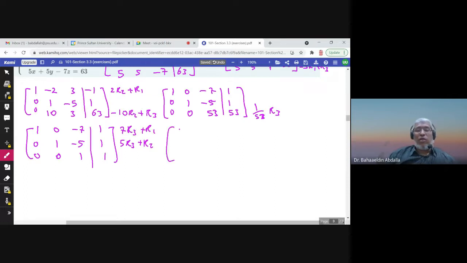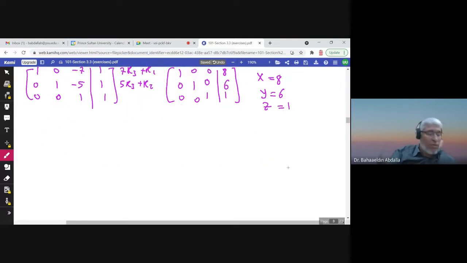And this would be the last step. 5 plus 1, 7 plus 1. So x is 8, y is 6, and z is 1.